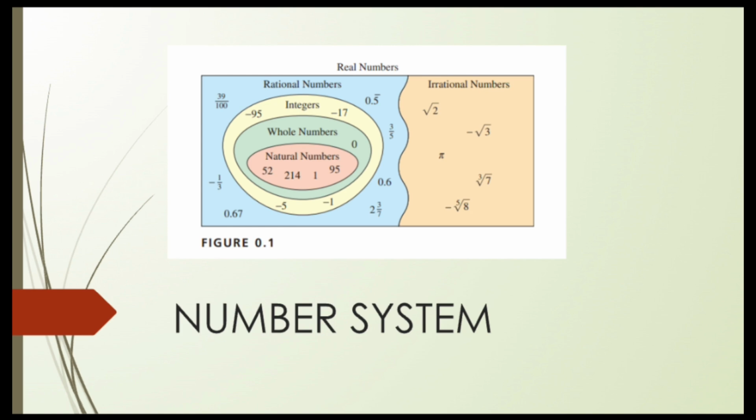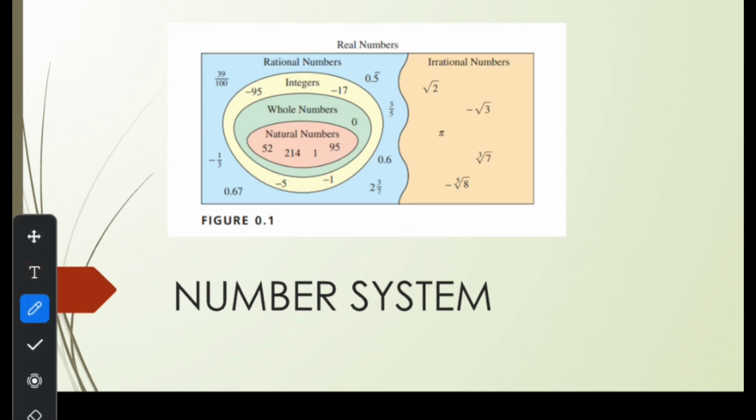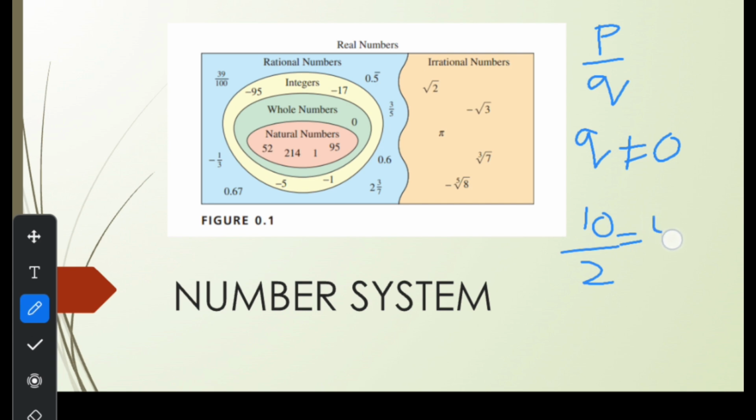Any number which is written in the form of a quotient of two integers. For instance, if I'm writing p over q, where p is an integer and q is also an integer, provided that q is not equal to 0, then the number that comes out is a rational number. For instance, if I write 10 over 2, the quotient would be 5, which is purely a rational number.